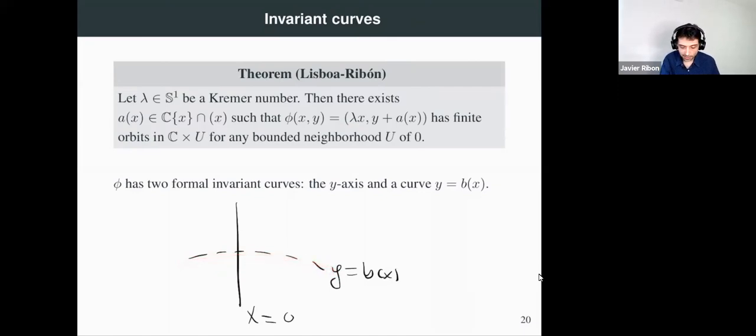And indeed, you can find, passing through every point in the fixed point set, a divergent curve. But these curves cannot be realized geometrically.